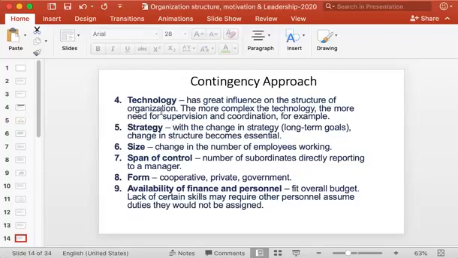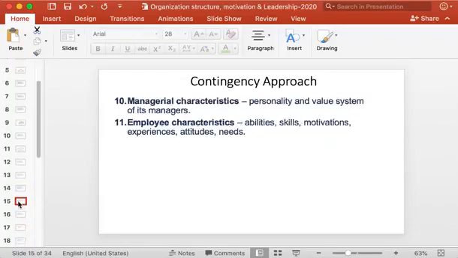It may also depend upon technology, strategy, size of the organization, span of control, form of organization, whether it is cooperative, private, or government organization, availability of finance and personnel, managerial characteristics, employee characteristics, and so on.